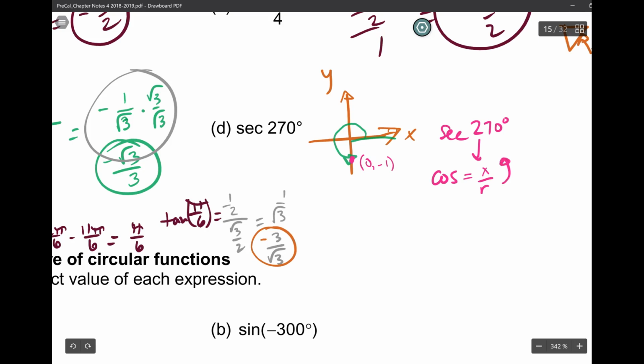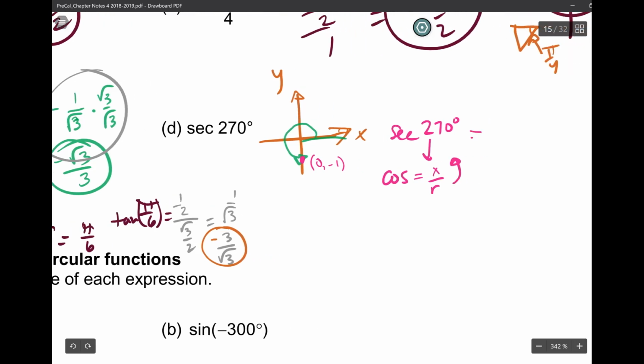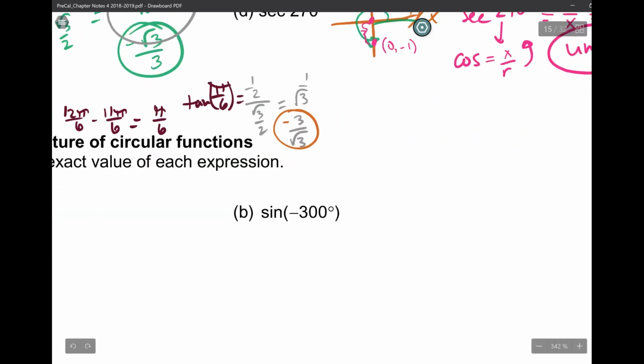Which means secant is going to be the reciprocal of that, so it'd be R over X. My radius is 1, I am 1 away from the center point, but my X is 0, so it's undefined, because you can't divide by 0. Okay, cool.